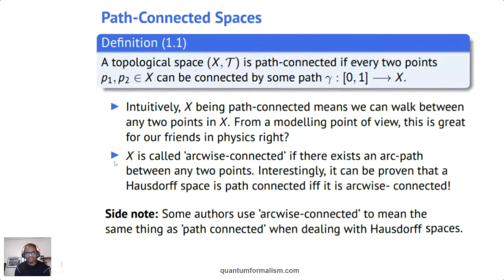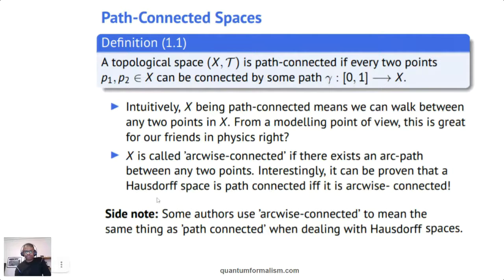And another thing: X is called arcwise connected if there exists an arc between any 2 points. Something very interesting is that if a Hausdorff space is path connected, then it is arcwise connected.